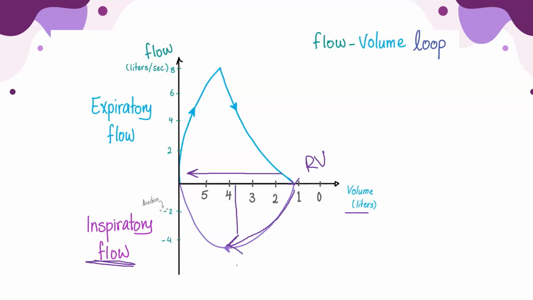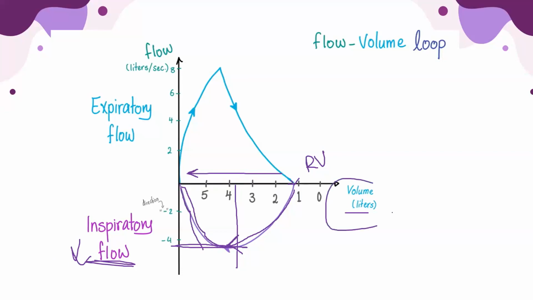But you reach a point where even if you're trying your best to put in more force in inhalation, you can't. So the volume of air going through your airway per unit time, which is flow, decreases, because even if you're trying, you can't put in more force. So the flow decreases after a certain amount of time, going from, let's say, -4 to 2, and then eventually 0.